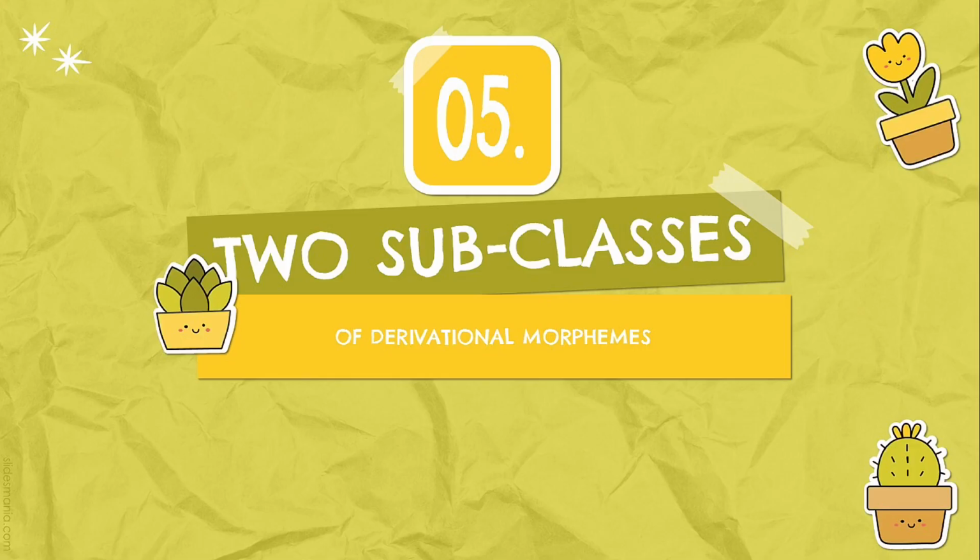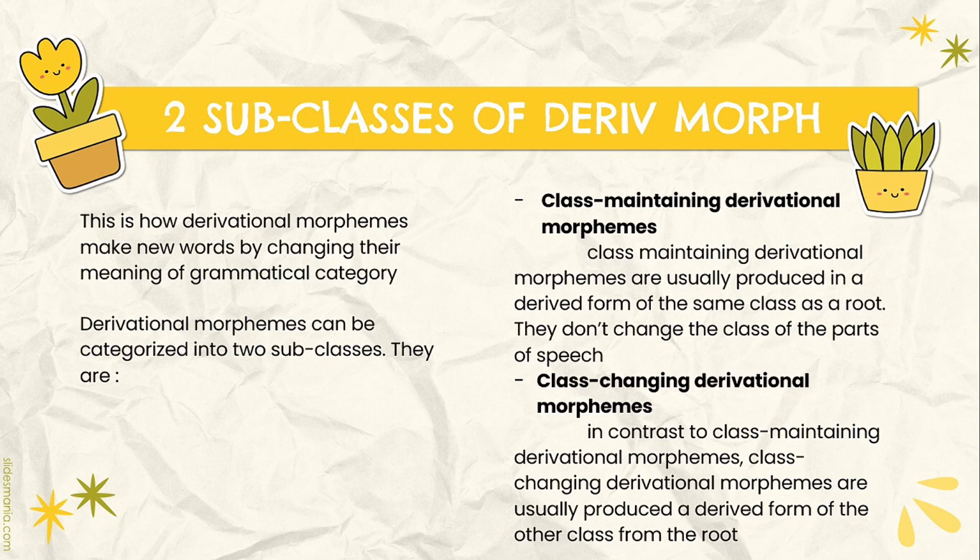5. Two subclasses of derivational morphemes. This is how derivational morphemes make new words by changing their meaning or grammatical category. Derivational morphemes can be categorized into two subclasses. First, class-maintaining derivational morphemes.